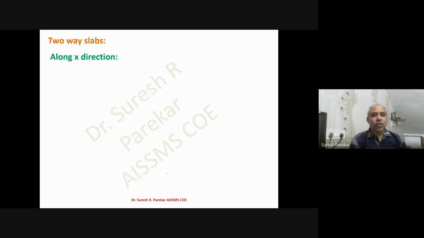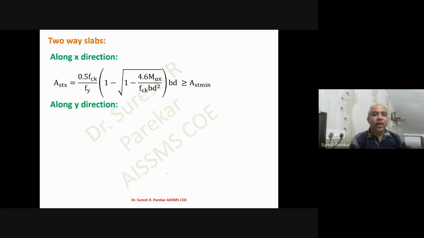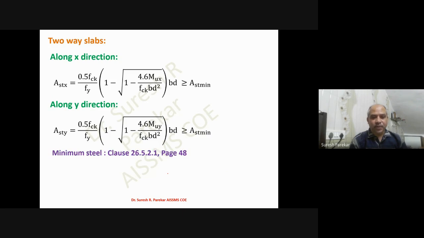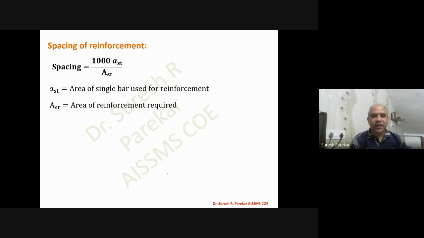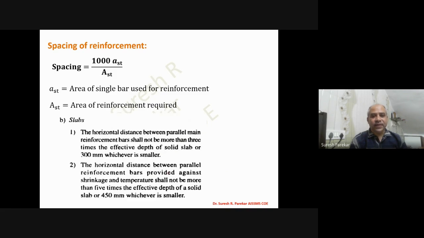Now if we go to two-way slabs, in two-way slabs we have to provide main reinforcement along both directions, and we have to check it with minimum again. Then spacing we have to use 1000 AST upon capital AST. Small AST is area of single bar used for reinforcement, and capital AST is area of reinforcement required.